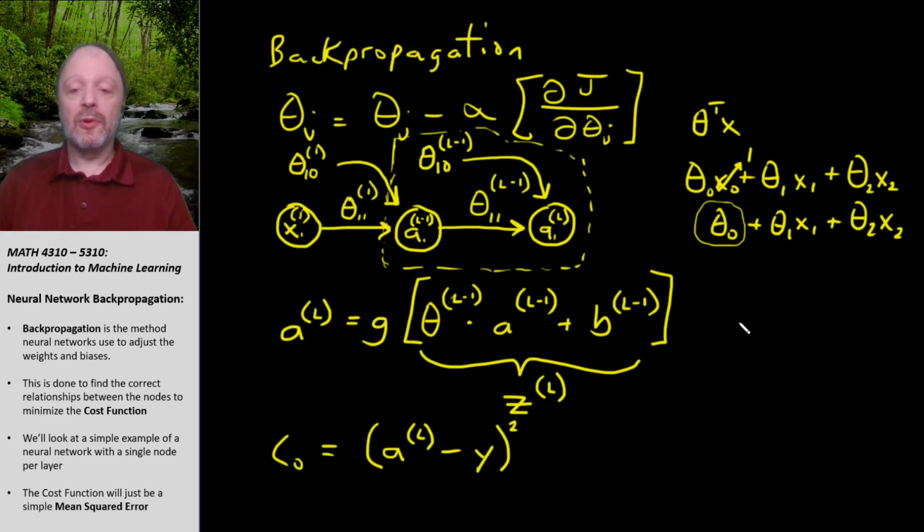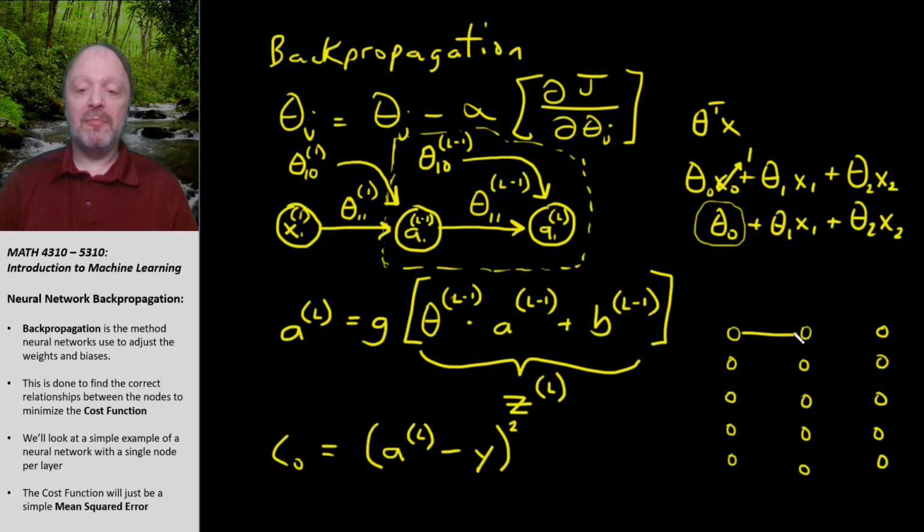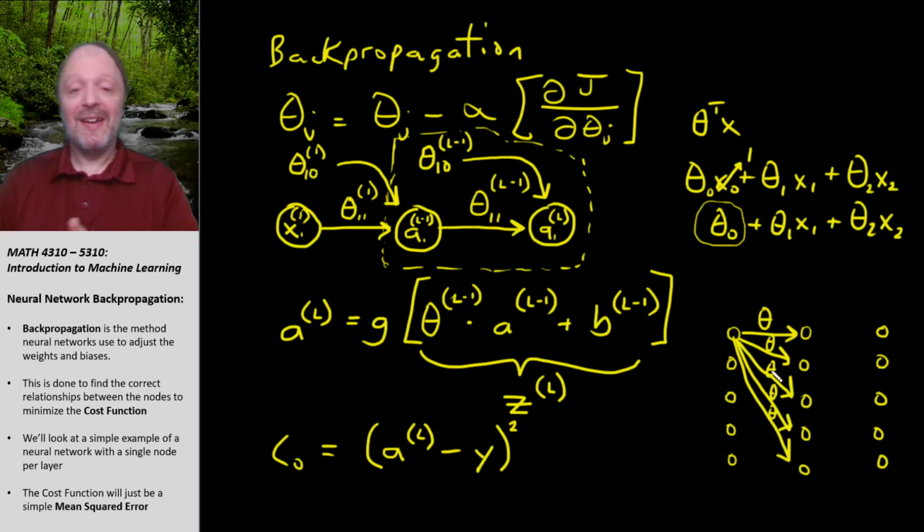This is happening for columns of nodes, not rows. That would be way easier. But columns of nodes where all of these nodes are connected. And between every single one of these connections, there is a theta, a parameter. But there's not just the parameter, there's also a bias that goes with it. So you can see how complicated this is.